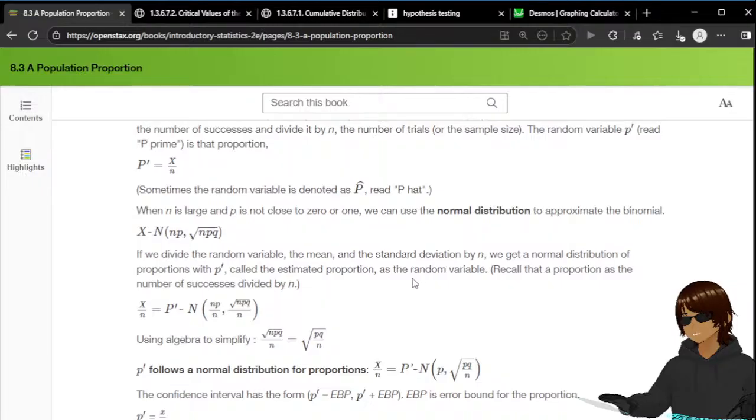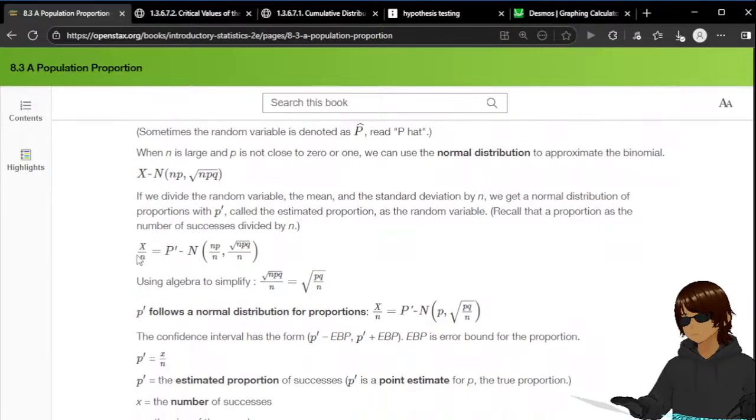Call the estimated proportion the random variable X over n, p prime. P prime follows a normal distribution of our proportions.